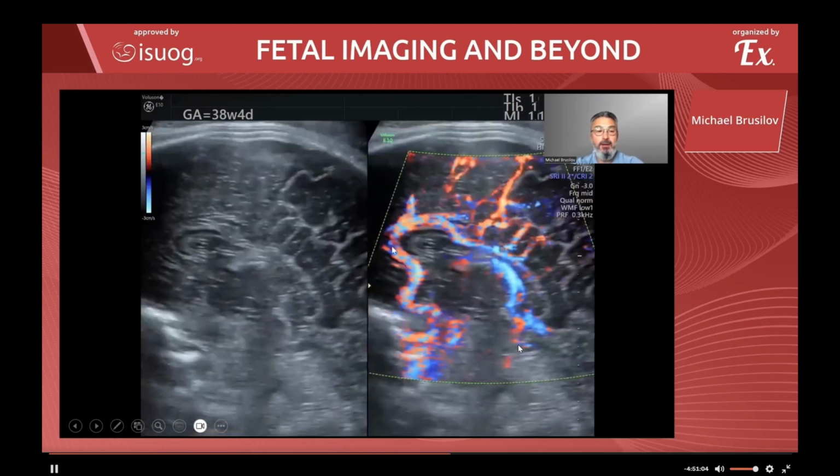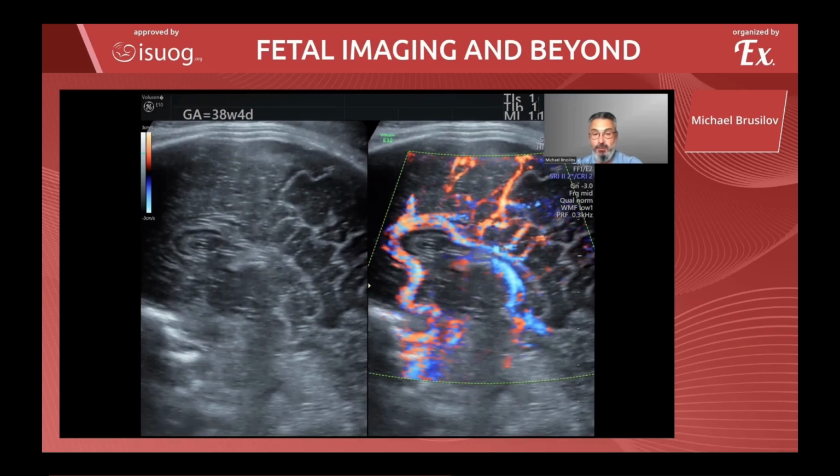And here you can see the anterior part of the corpus callosum and a wrong course of the pericallosal artery. Something wrong was in the posterior part of the blood supply, the posterior part of the corpus callosum.